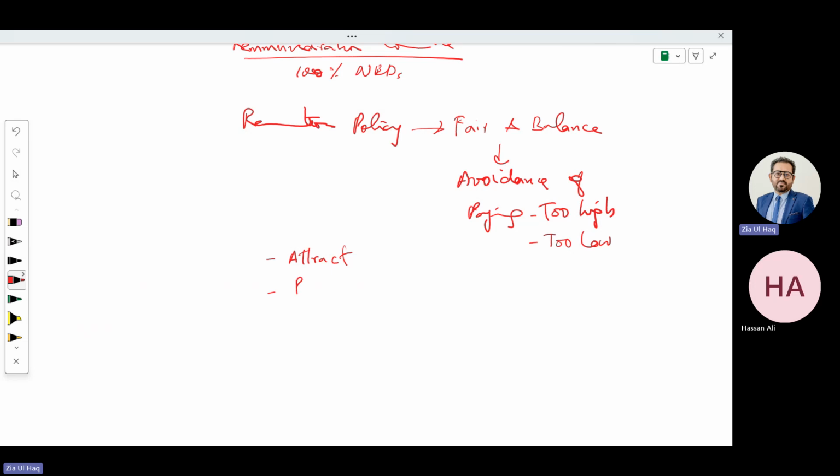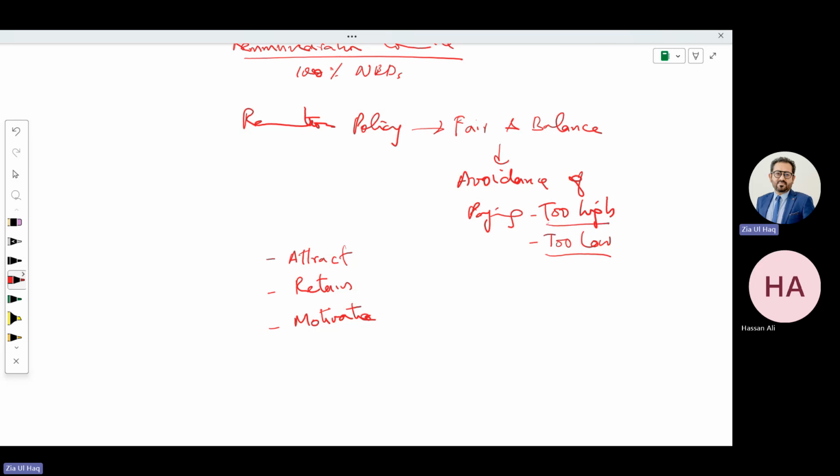The company will not be able to retain competent people within the company. The company will not be able to motivate competent people in the company. So to maintain the attraction, retention, and motivation of the directors, you should not be paying too low. And to maintain the confidence of shareholders in the company, you should not be paying too high.